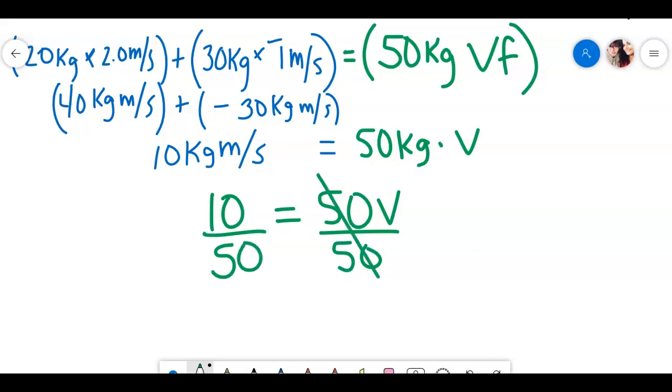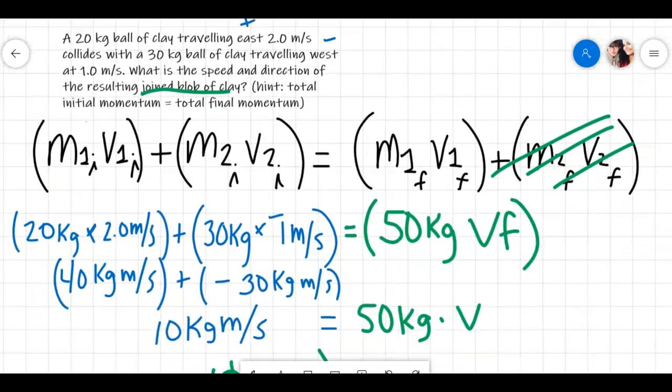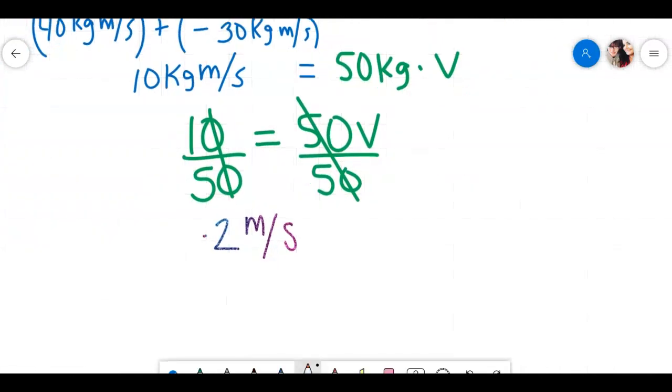This becomes 1/5, or 0.2. And we know that our velocity units are meters per second. Okay? And because it's positive, we know it must be to the east, as we've already established at the beginning.